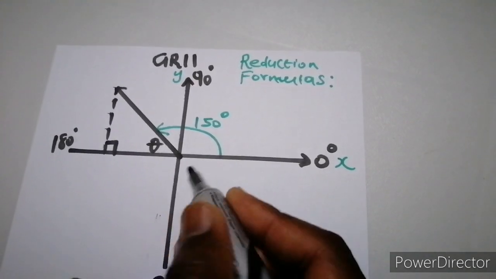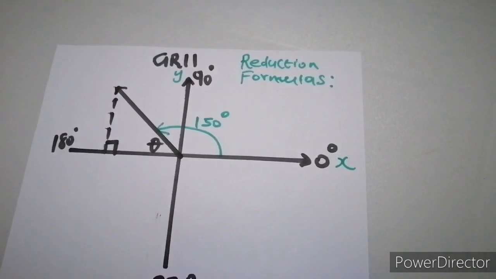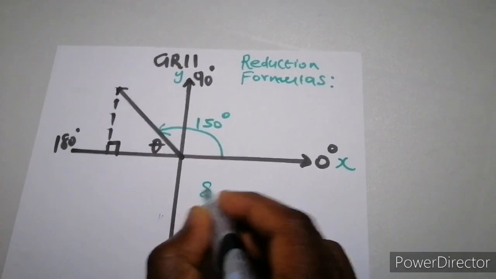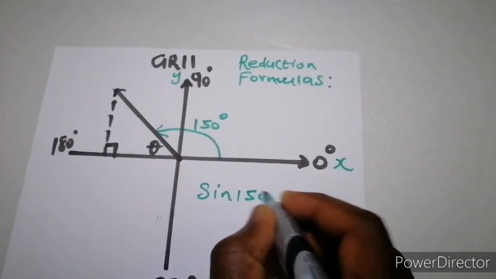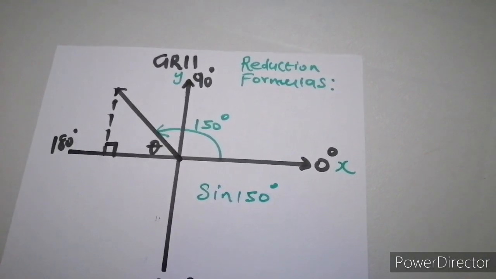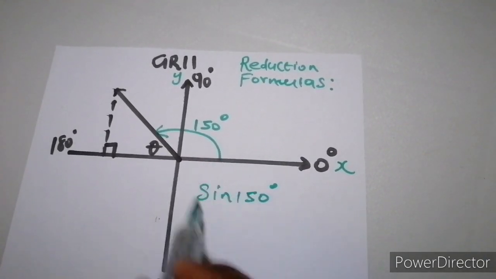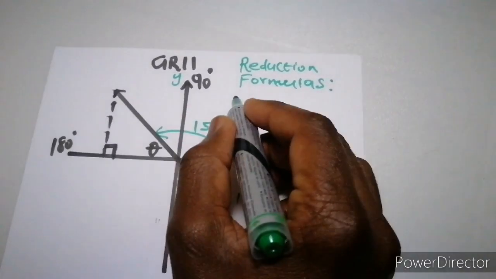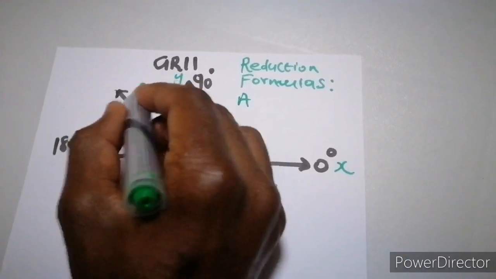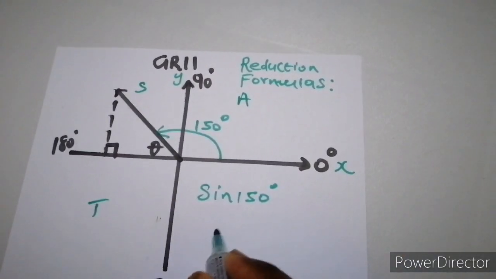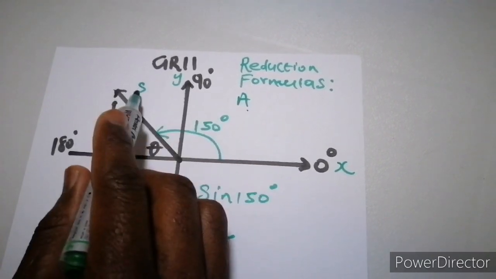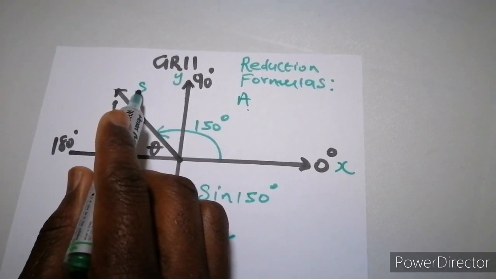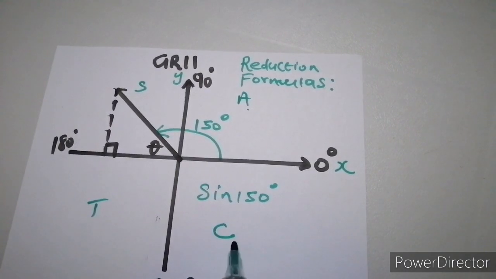For example, let's say we have the sine of 150 degrees. Now, this function, remember, All Students Take Chances. All functions are positive in here, sine and its reciprocal positive in there, tangent and the cos.